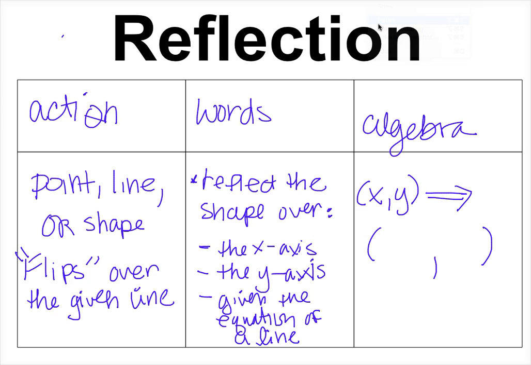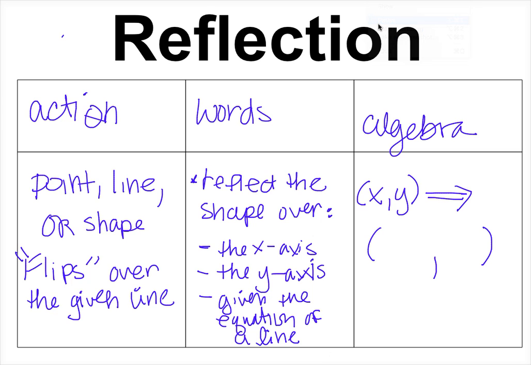So if we take a look at our points, when we reflect over the x-axis, what do you notice about our ordered pairs? What happens? Hopefully you see that the y-coordinate becomes the opposite. The reason is that something's going from above to below, or below to above. Even though it's reflecting on the x-axis, the movement is a vertical movement.